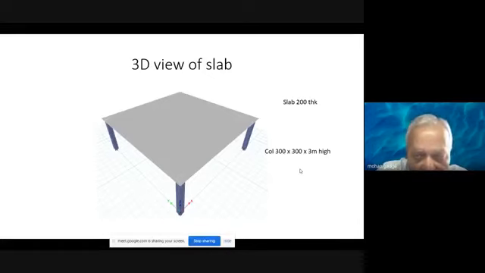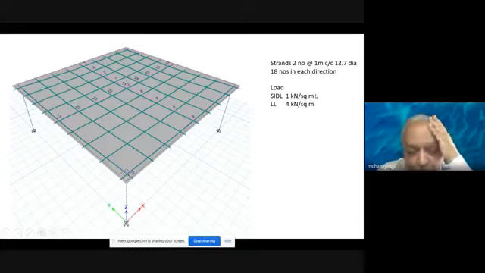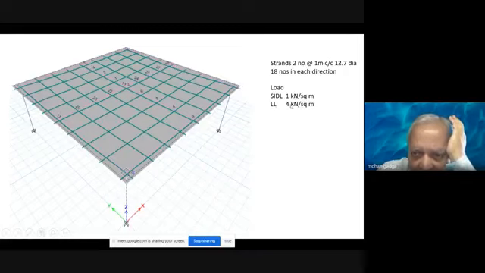So for this slab, therefore, now we try to use ETABS software for its design. It is designed for a SIDL, that is, you can say floor finish and so on, to the extent of 1 kilonewton per square meter, and live load that we are considering is 4 kilonewton per square meter. So we are considering this data for load.